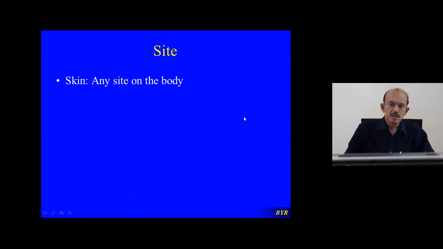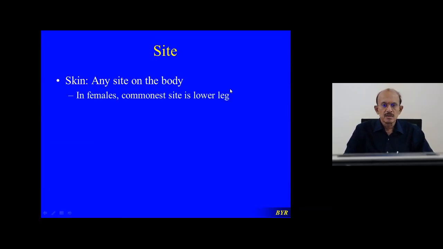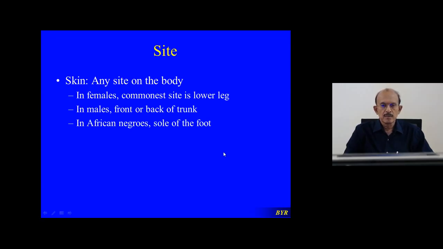The site of occurrence, most commonly from the skin, any site on the body. In females, commonest site is lower part of the leg. In males, front or back of the trunk. In African Negroes, it occurs commonly on the sole of the foot. Even in Indians also, we see number of cases on sole of the foot.